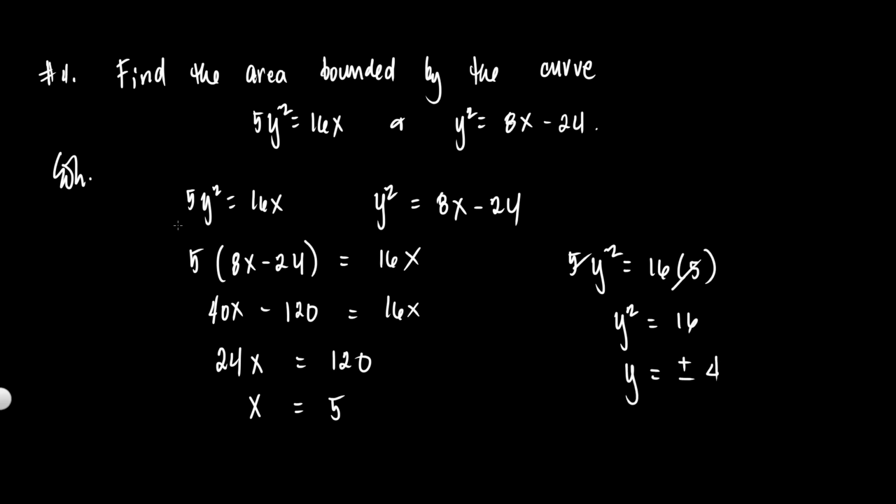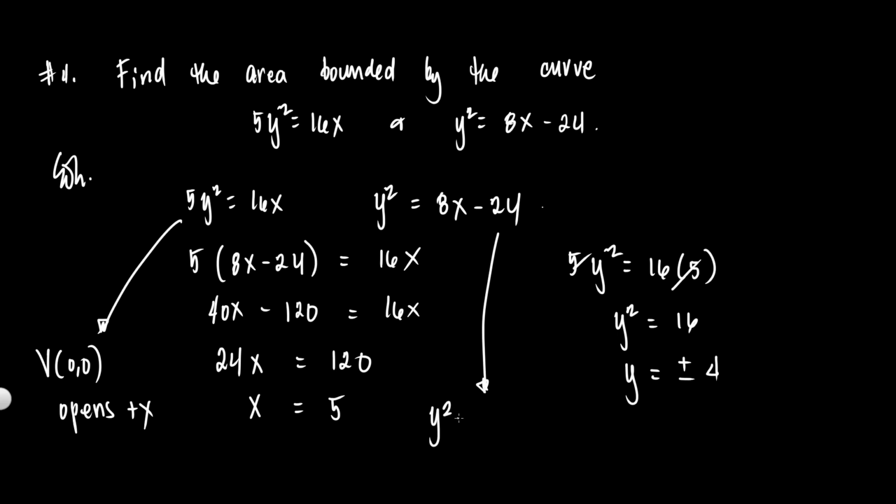Now, this parabola here, the vertex is at 0, 0, and it opens in the positive x direction. This one is a parabola where y squared is equal to 8 times x minus 3. So the vertex is at 3 and 0 and opens in the positive x direction. Okay?